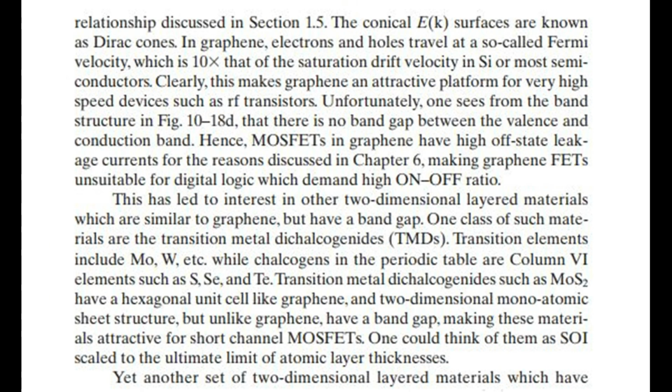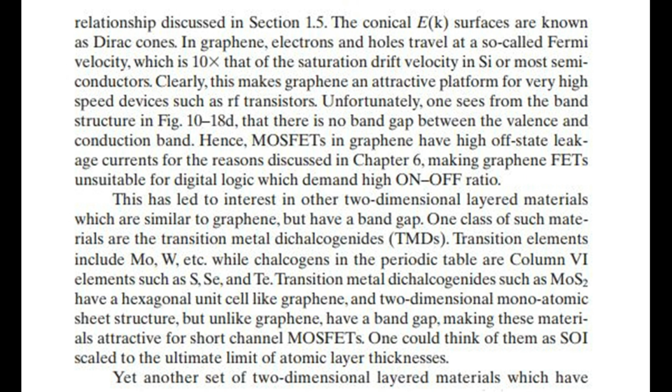The conical E-k surfaces are known as Dirac cones. In graphene, electrons and holes travel at a so-called Fermi velocity, which is 10 times that of the saturation drift velocity in silicon or most semiconductors. Clearly, this makes graphene an attractive platform for very high-speed devices such as RF transistors. Unfortunately, one sees from the band structure in Fig 10.18d that there is no band gap between the valence and conduction band.